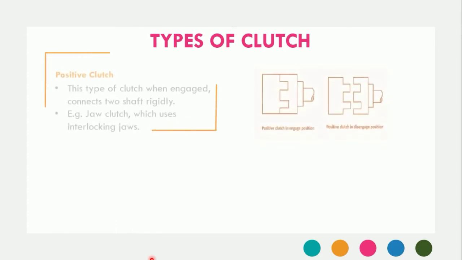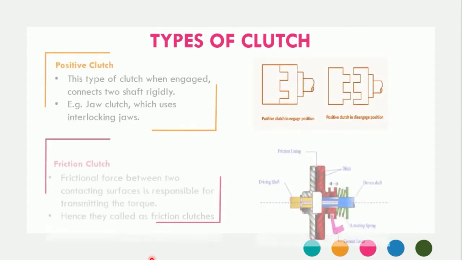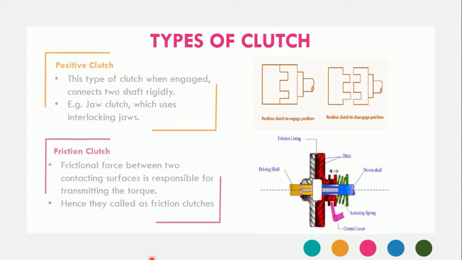Here you have two general types of clutch. One is the positive clutch and the other is the friction clutch. In a positive clutch, there are interlocking jaws that get interlocked with one another, and thus power is transmitted from the driving shaft to the driven shaft.